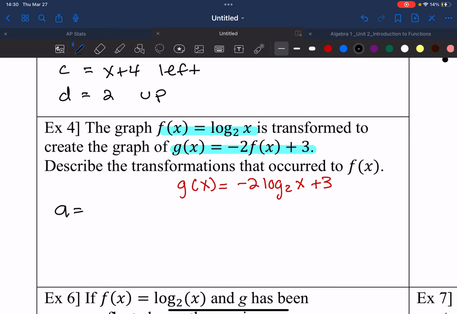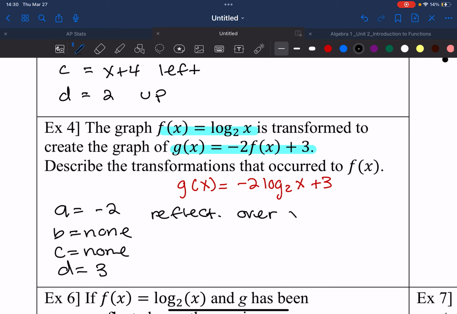So a is negative 2, b is none, c is none, and d is 3. That negative 2 tells us two things. There's going to be a reflection over the x-axis and a vertical stretch by 2. And then d equals 3 says it's going to go up 3.